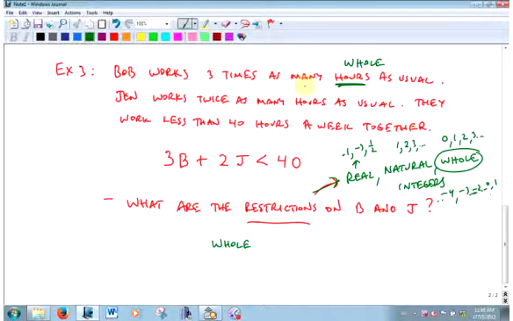Maybe he didn't work at all and had 0 hours. It's whole numbers only. I can't have 1/10 of an hour. So real, I have to take away. Natural, yeah, but I could also work no hours. So whole is the best fit here. Integers, I can't work -6 hours. So that's what we mean by restrictions. Whole numbers only. Okay?